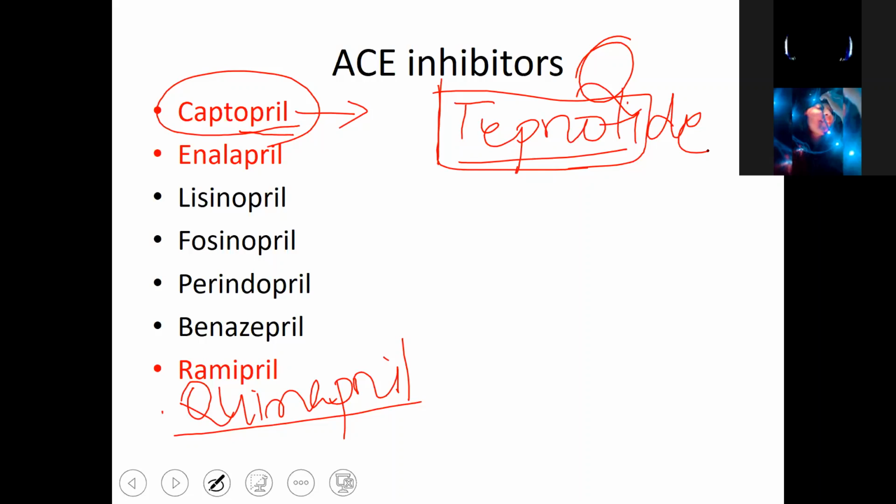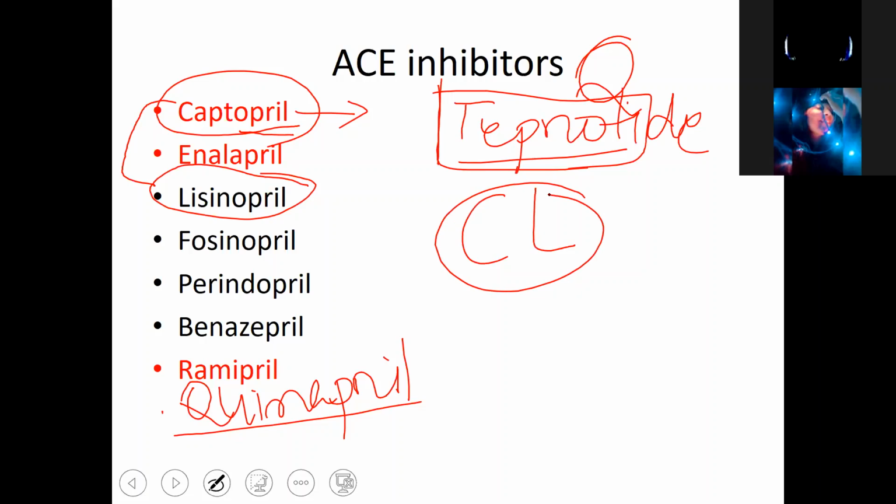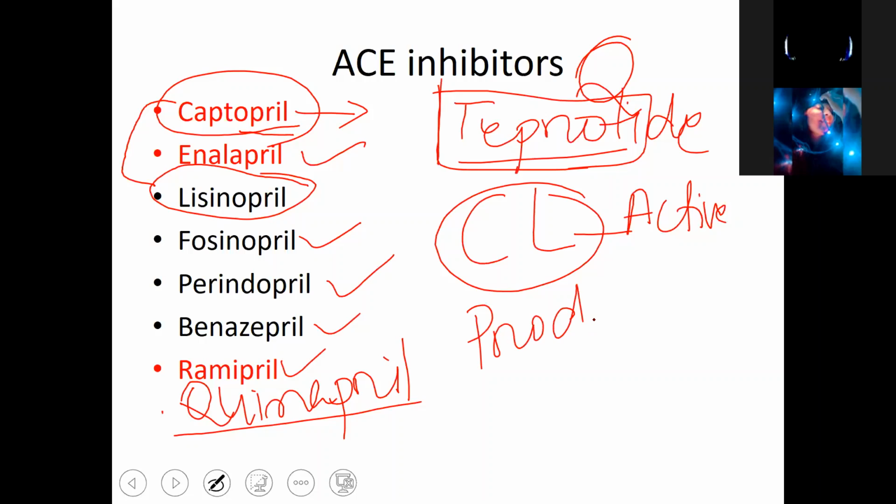One more drug you can see is lisinopril. For captopril and lisinopril, you can remember CL, as a mnemonic: the CL are the active drugs. The rest, enalapril, fosinopril, perindopril, benazepril, and ramipril, are all prodrugs. Okay, sometimes it is asked in the examination or in the viva.